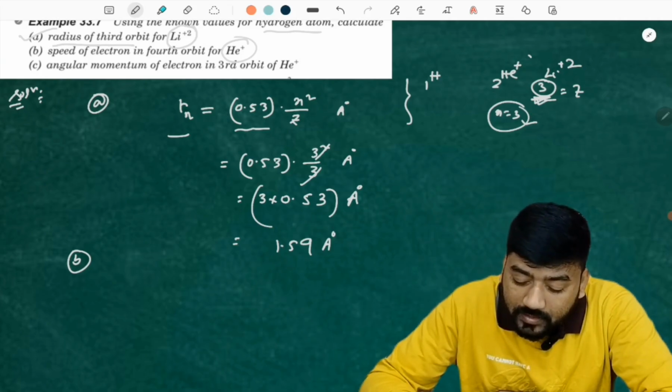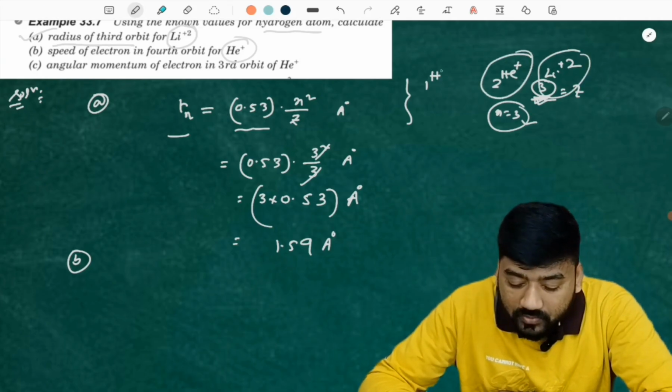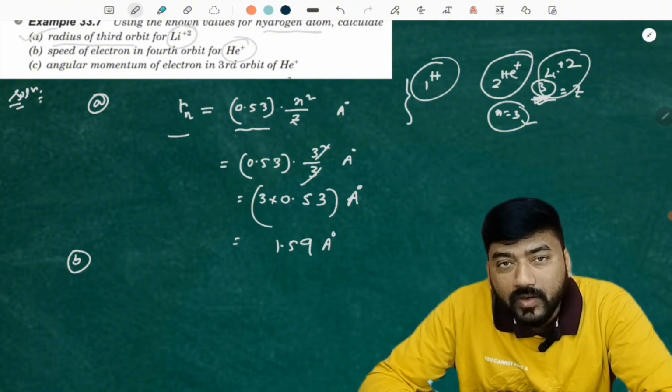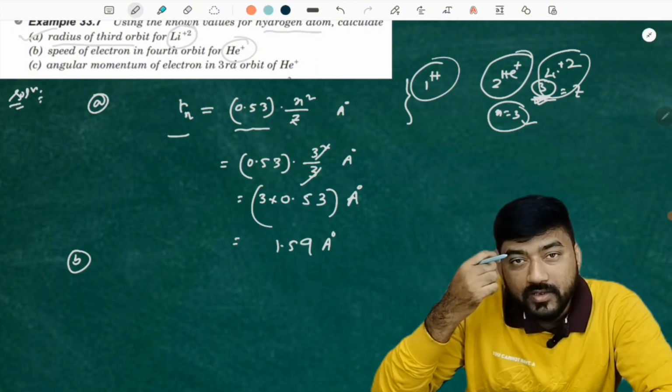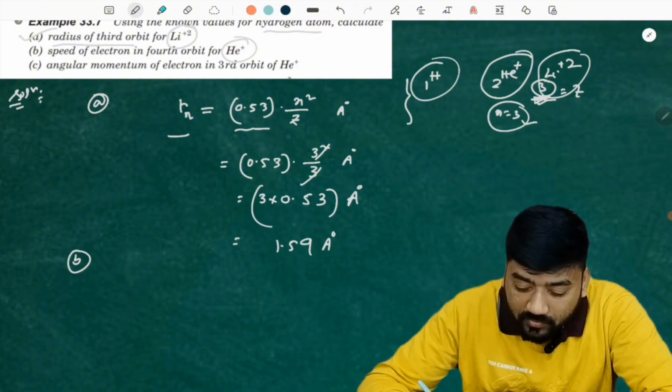So you can say these ions are now something like a hydrogen atom, they are one electron systems, and Bohr theory is always applicable for one electron systems only.